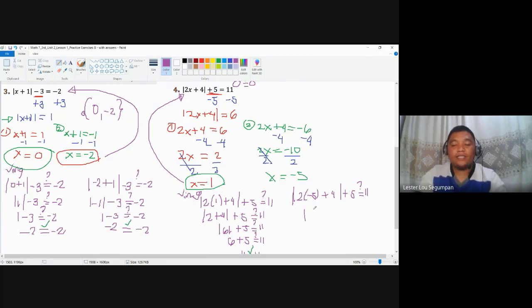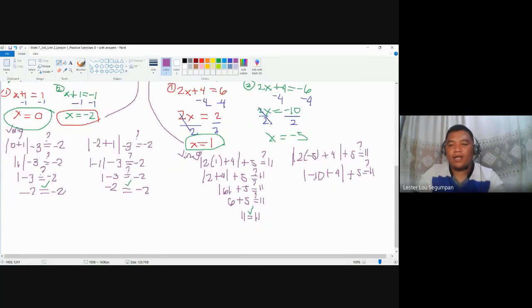In checking, you simply need to substitute or evaluate the expression. No need to apply the properties of equality. 2 times negative 5 is negative 10, plus 4, plus 5 here, question mark, still 11. Negative 10 plus 4 is negative 6, plus 5 here, question mark, 11.